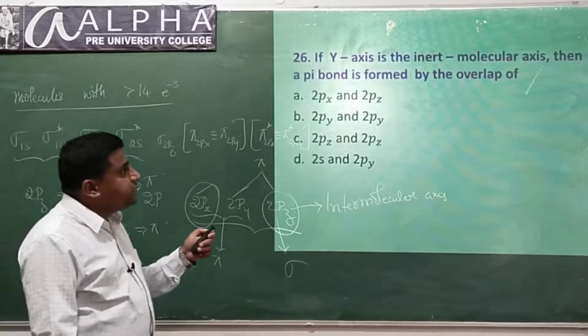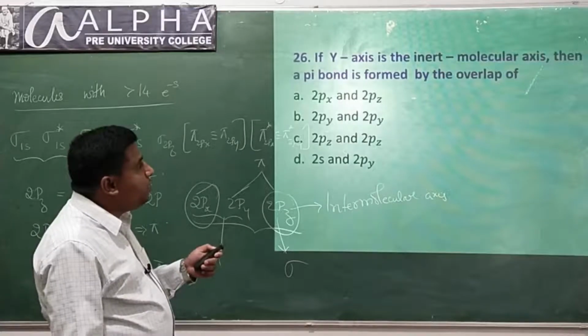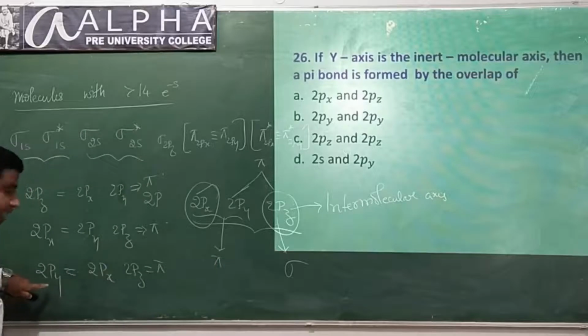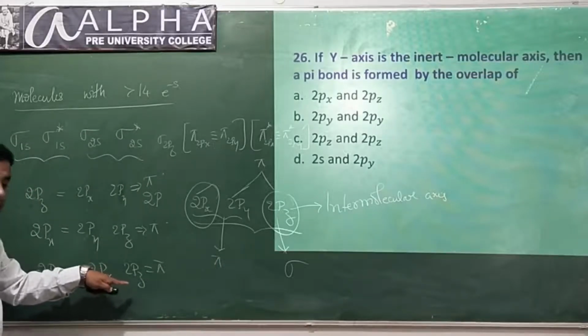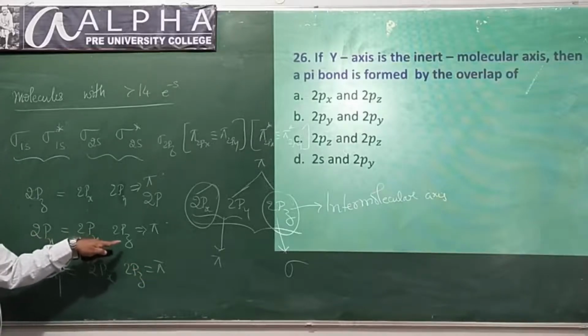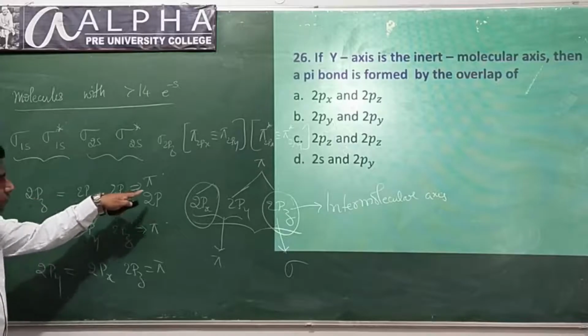So if the y-axis is the intermolecular axis, then pi bond is formed by the overlap of 2px and 2pz. Yes or no? If the x-axis forms the intermolecular axis, then 2py and 2pz will form the pi bond. If the z-axis forms the intermolecular axis, then 2px and 2py form the pi bond.